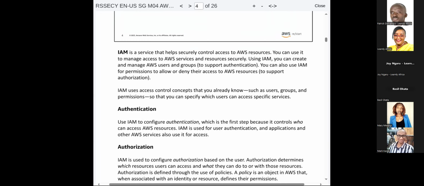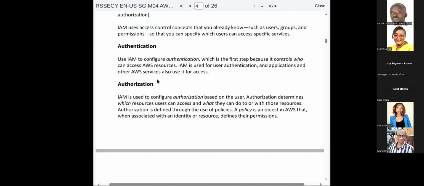Now, when it comes to security, we learned that there is authentication and there is authorization. Our Mwalimu Patrick told us that authentication is who is able to enter into our house. Authorization is, those who can enter into our house, are they actually authorized to enter into our bedrooms?